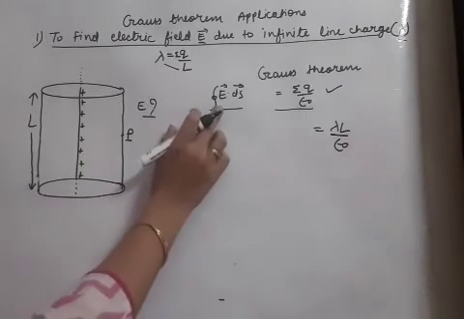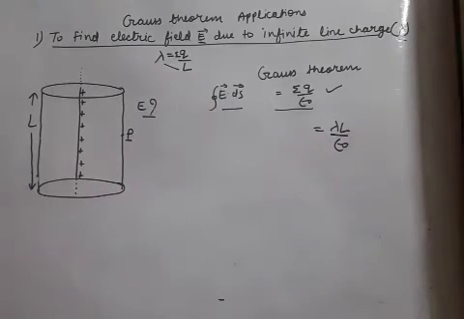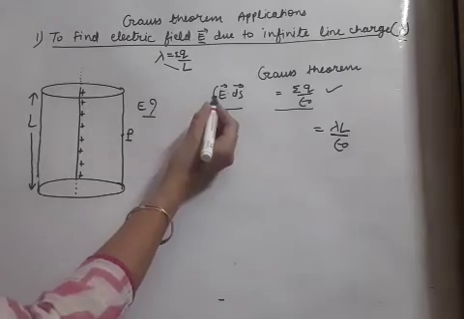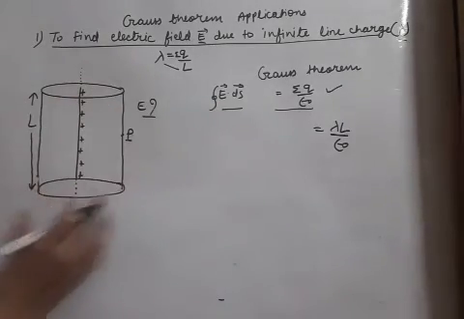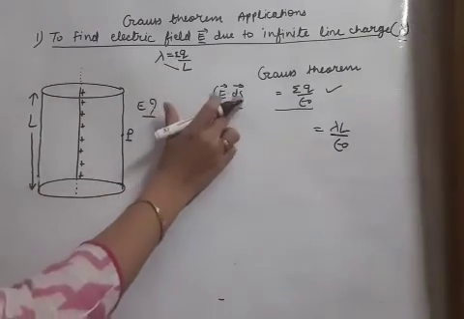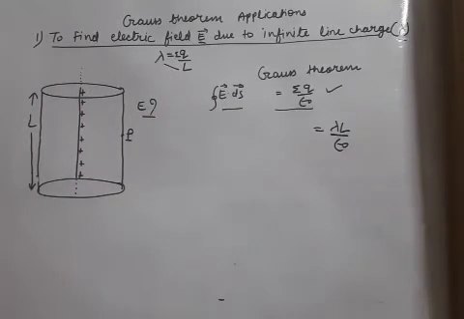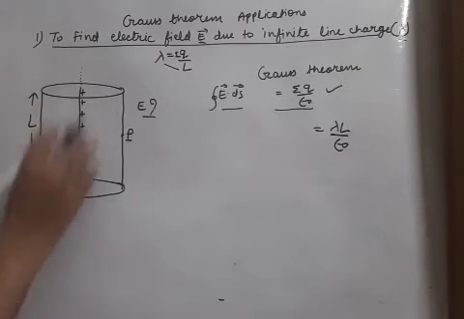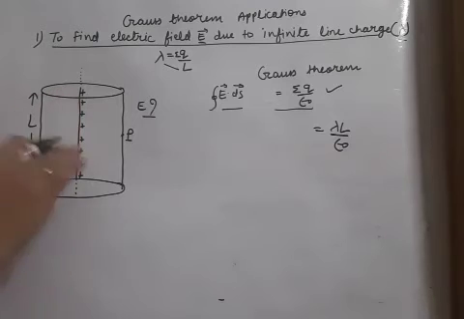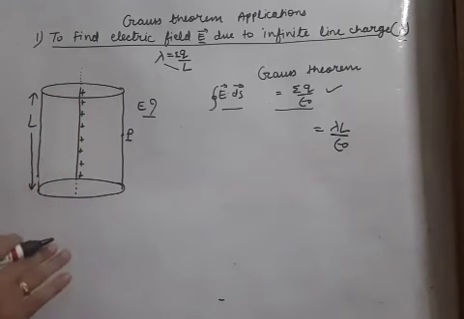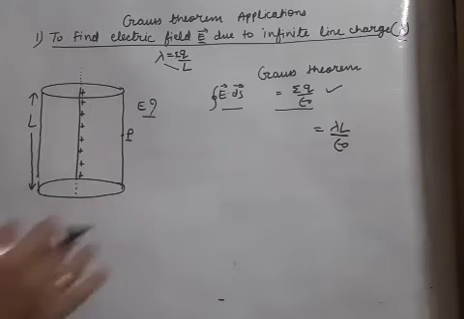Now, how to solve this integration E dot ds? This loop means for the whole cylinder we are solving the E dot ds. Now because this is surface integration, so we have to break the cylinder into surfaces, that means 2Ds. Cylinder is 3D, we have to break it into 2Ds.